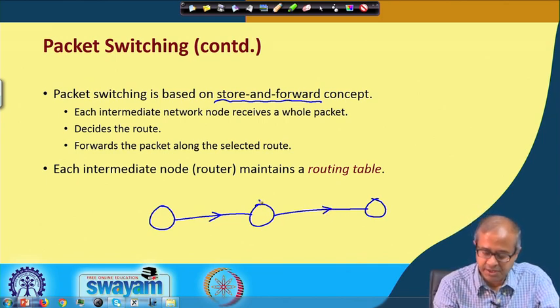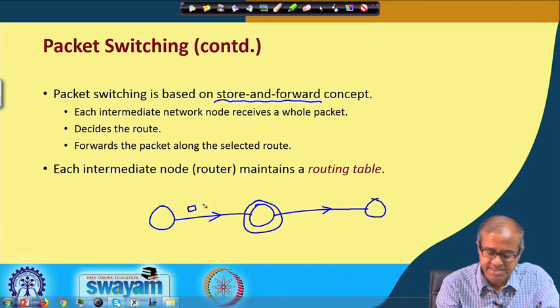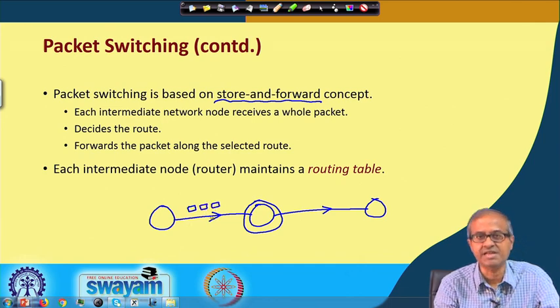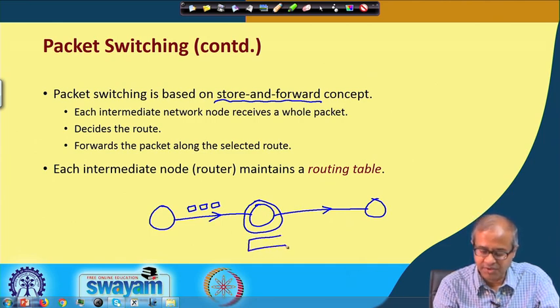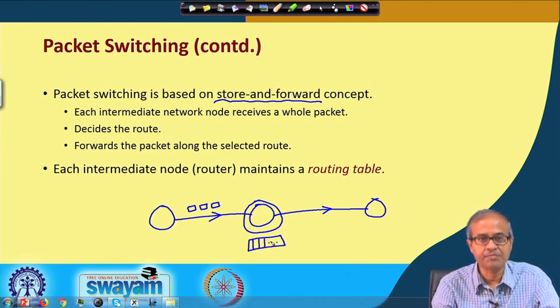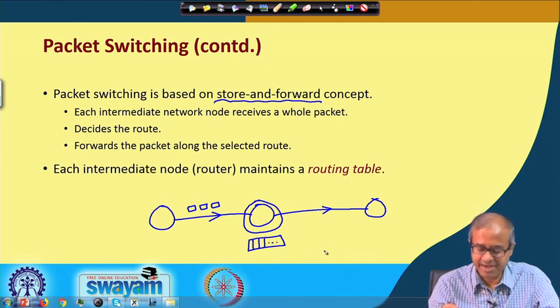Now, if we think of this central node, whatever packets are transmitted through the first link will get stored in an internal buffer. There will be a buffer, a memory space where these packets will get stored, and later on from this buffer, these packets will get forwarded to the next link.